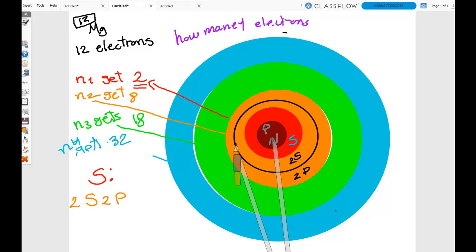The third shell has 3 subshells, S, P, and D. Call it 3S, 3P, and 3D.